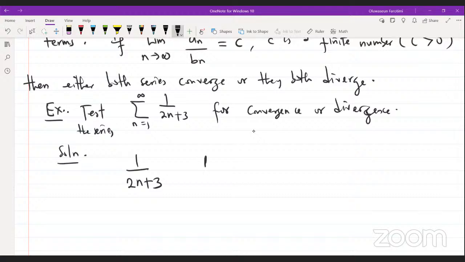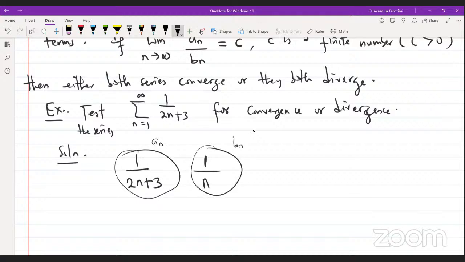You can pick 1 divided by, I can just pick 2n if I want, or I can just pick n. I call this guy my an. I call this guy my bn.